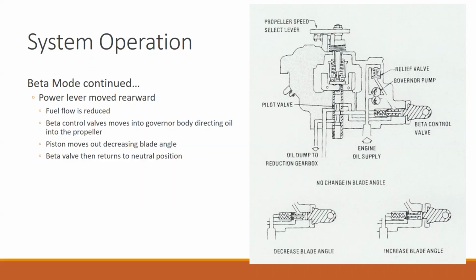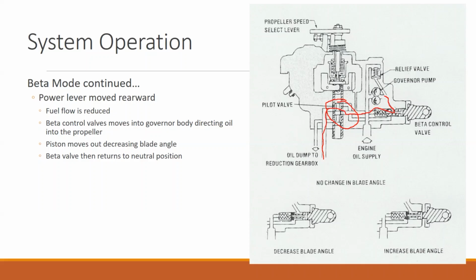So oil will flow. Let me get my pen here. The ports here will be open. The beta valve, or the pilot valve, will be dropped down. And so that directly ports oil. So the oil pressure comes in, and then the beta control valve can either route it through here to the prop, or it can drain pressure off.